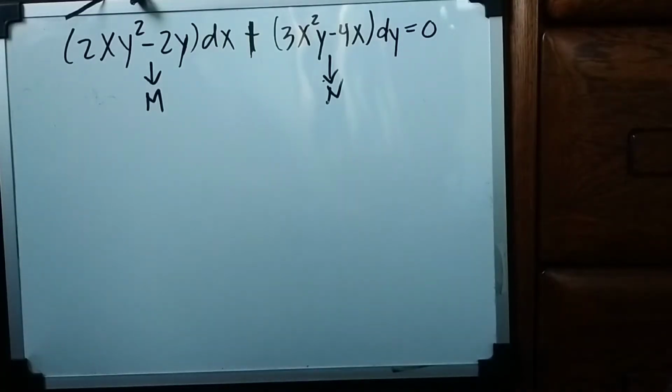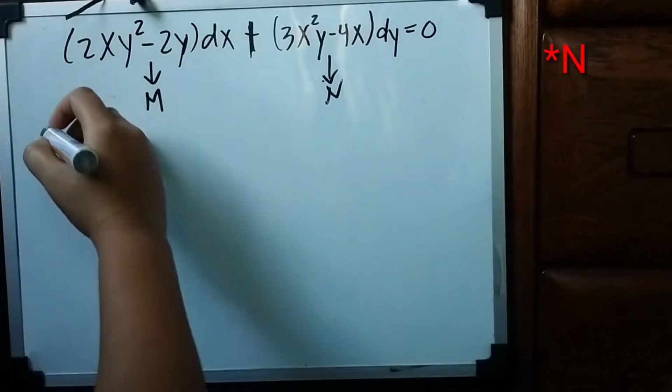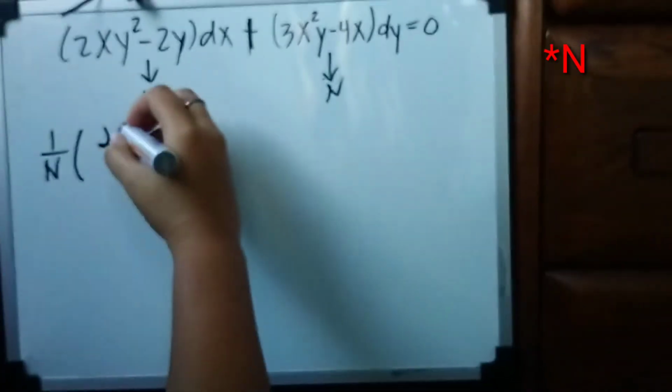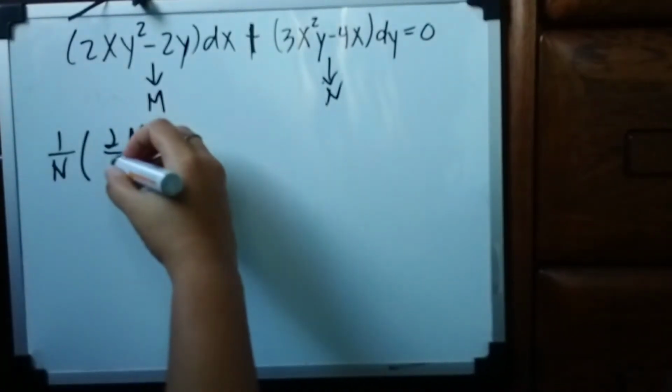And then between M and N we will choose whichever function is simpler. So here we will choose N, and we will follow this formula for us to get the integrating factor.